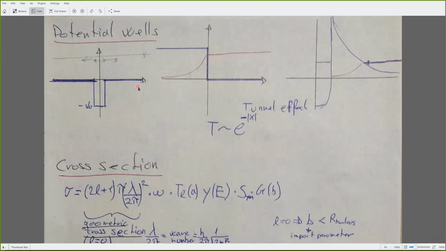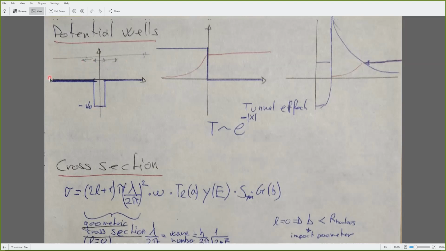In essence, if you have a potential well and it is below zero, as here, and a particle with positive energy, so its energy is always positive with respect to the base.